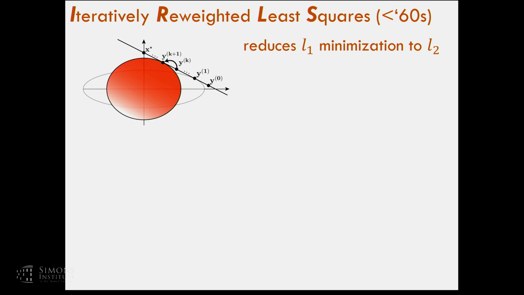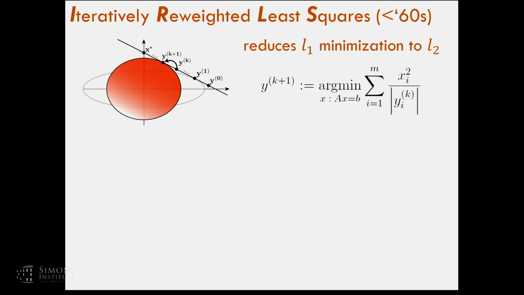Despite the fact that the problem can be solved using a linear program, there is an iterative method which relies on the observation I mentioned in the previous slide, that L2 minimization is computationally very cheap compared to L1 minimization over a subspace. So let's try to do the following. Let's reduce the L1 minimization problem to a sequence of L2 minimization problems in the following very precise sense.